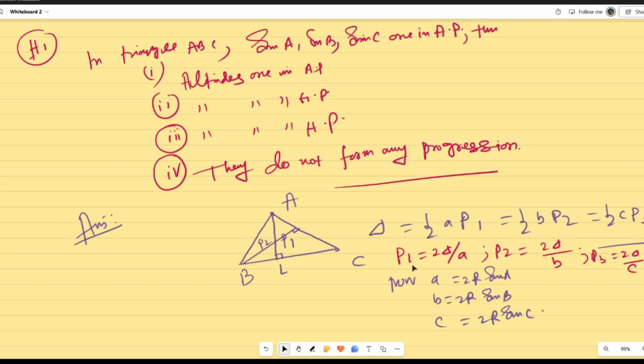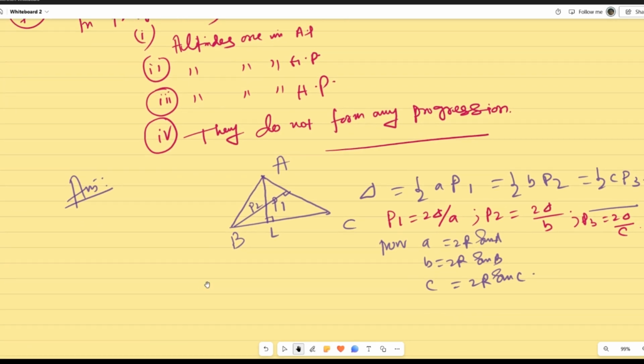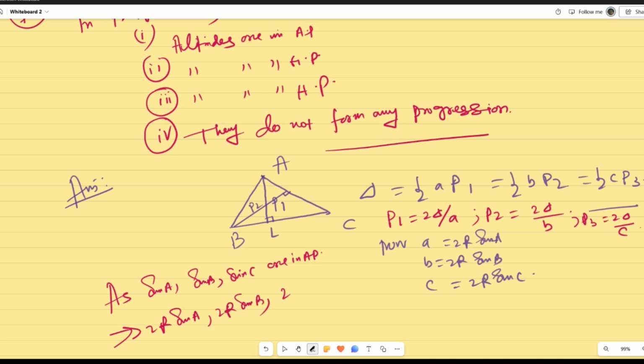Now what is given over there? sin A, sin B, sin C are in AP. Note that as sin A, sin B, sin C are in AP, this will imply A, B, C are also in AP.